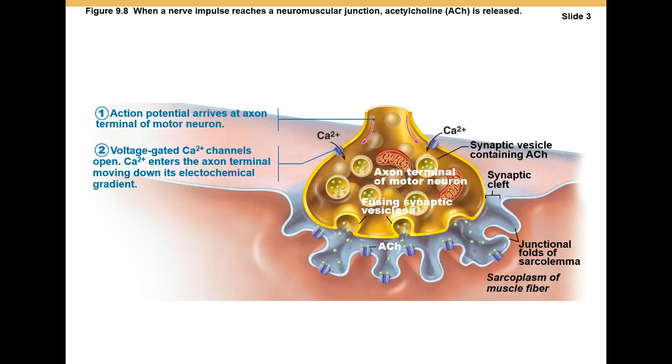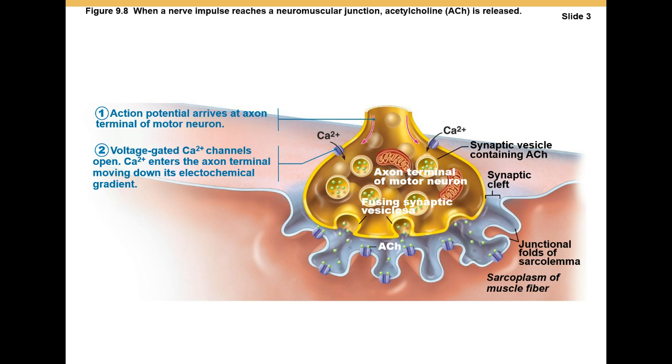You could have a ligand or chemically gated channel. That means you have to add a chemical to this ion channel and then it will open up. A channel could be mechanically gated. That means if you change the shape of the membrane, that will stimulate the channel to open up, like pressure on your skin will cause the opening of some mechanically gated channels.